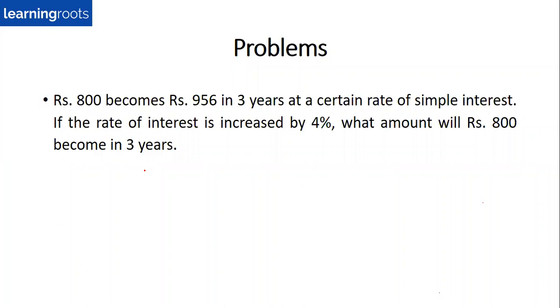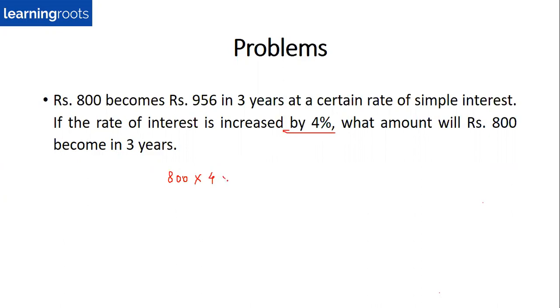But the only thing that you need to know in this case is that you are increasing the rate of interest by 4%. So this 4% increase is going to make whatever difference that you will see. So instead of finding everything, I have 800 rupees, and the rate of interest is increasing by 4.